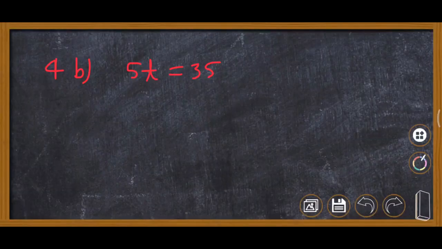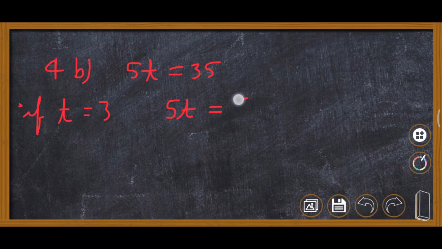Now this is part 4B. The equation is 5t equal to 35. Now we will put values as we did before. If t is equal to 3, then 5t is equal to 5 multiplied by 3, which is 15.